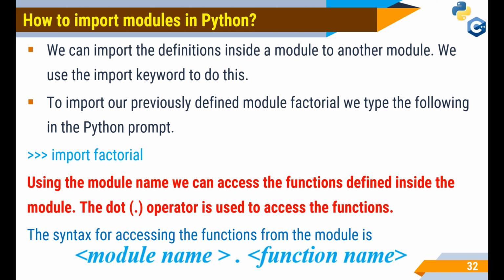Using the module name, we can access the functions defined inside the module. The dot operator is used to access the functions. The syntax for accessing the functions from the module is module dot function name, right?